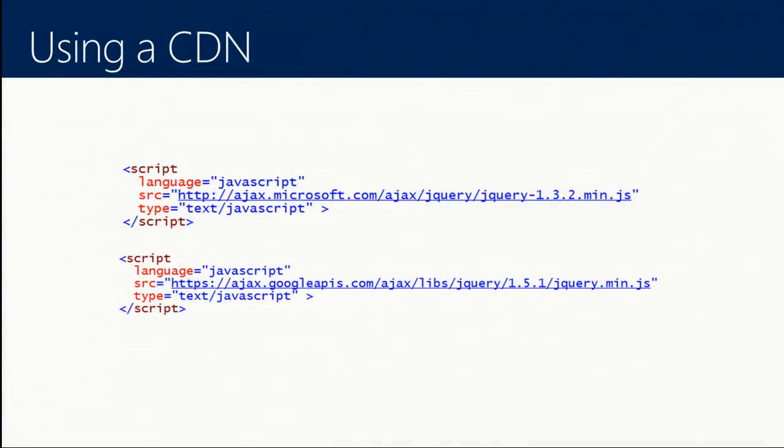Content deployment networks. Here is the classic example of using a CDN. This is using a CDN to load jQuery. So when you use a CDN to load it, you're basically just pointing at some location in the cloud and using the source attribute of script to download that library. You can see here we have the example from the Microsoft location as well as the Google API's location.